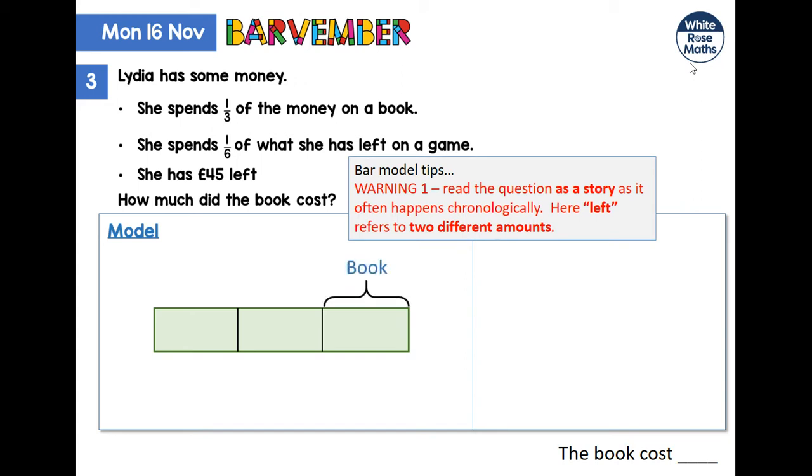So she spends a third of her money on a book, okay? 3 equal parts. She spends a sixth of what she has left on a game. So what she has left are the other 2/3, and that's what we've divided into 6 parts.